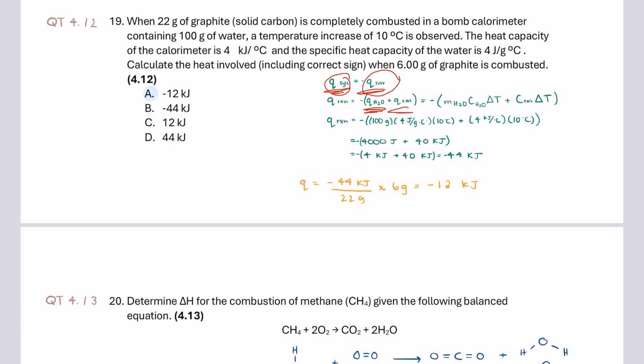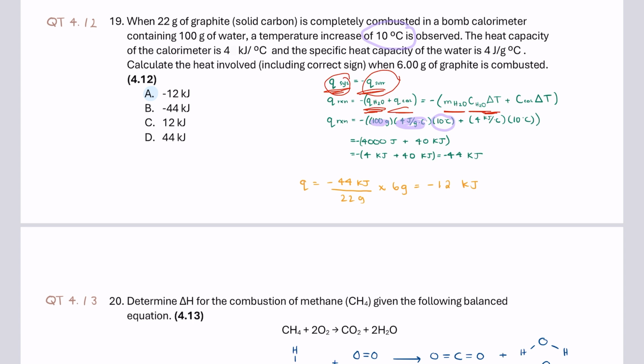For the water, we use the equation mass times specific heat times the change in temperature. The mass of the water is 100 grams. The specific heat is 4 joules per gram per degree, and the temperature change is 10 degrees.